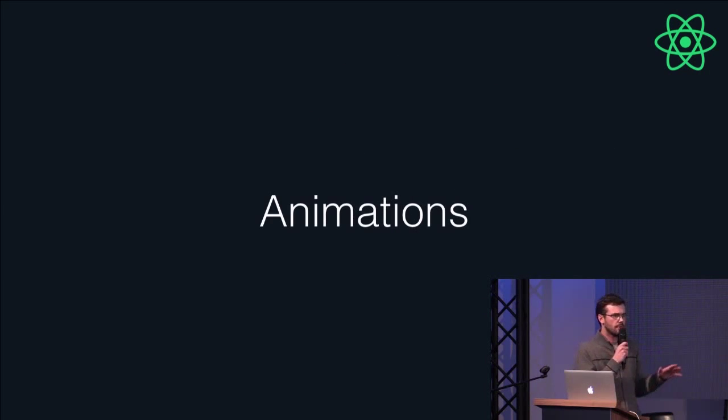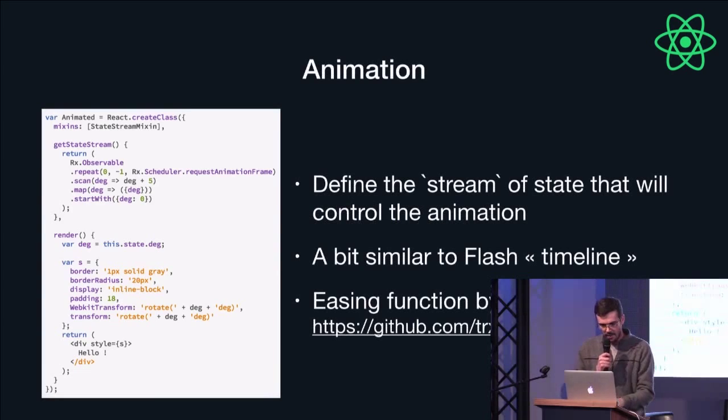You can also do animation with Rx, which is pretty cool. Basically, the idea is to create an observable that will push over time the different values we need to render our animated component. In this example, through the repeat operator, I create an observable that will push 0 on each animation frame, all the time.